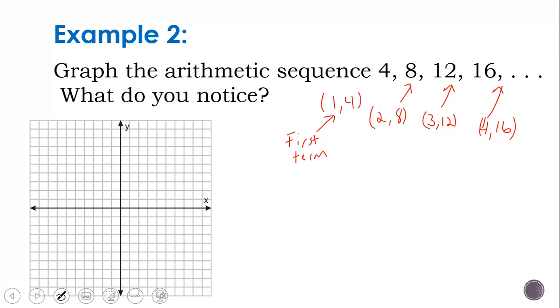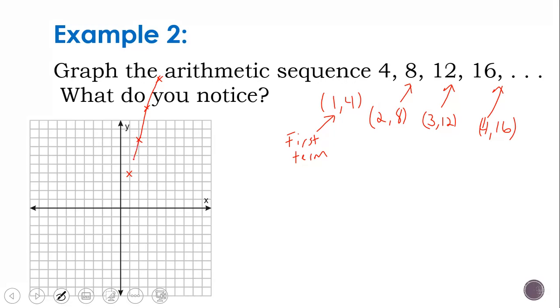And then you would just go ahead and you would graph this. So you have (1, 4), which would be here. You have (2, 8), which would be here. You have (3, 12), which would be off my graph, but up here. And then you have (4, 16), which would be off my graph, but there.